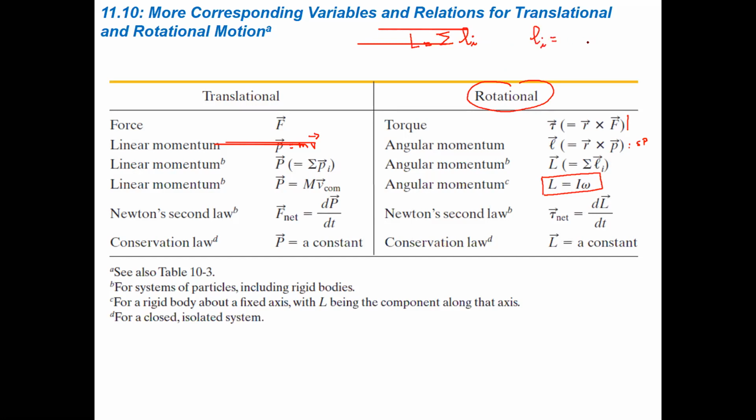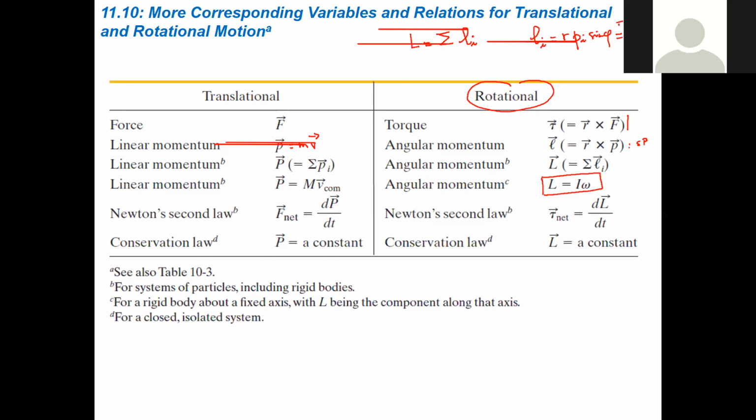And again, for each particle, what is the angular momentum? The magnitude of the angular momentum is r p sine phi, or r perpendicular p, or r multiplied by p perpendicular. I told you that you can calculate it differently, right?